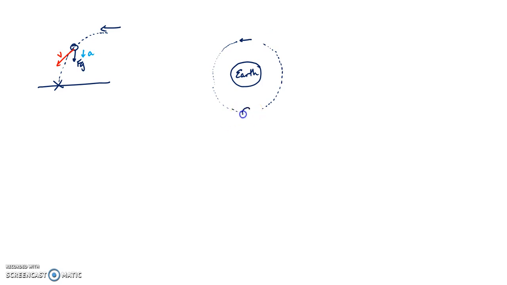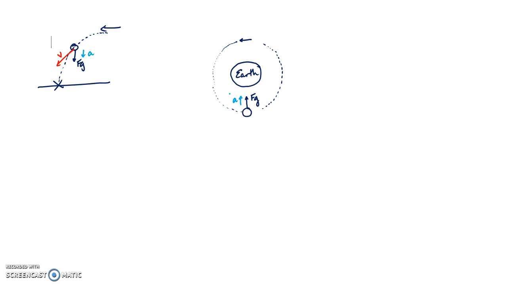So if I was to draw a force diagram here at the bottom of my object, let's call it the moon, then at all times it's being pulled towards the Earth by gravity, just like our projectile was. So we still have an acceleration that is also heading towards the Earth. So right now everyone's like, oh no, the moon's going to hit the Earth. It's accelerating towards us.